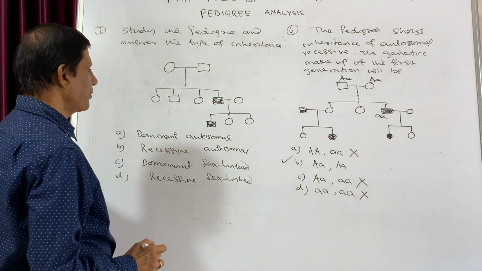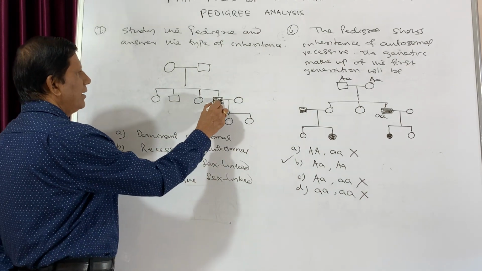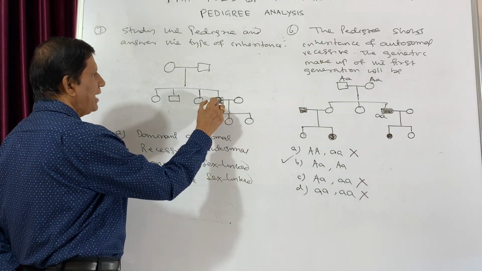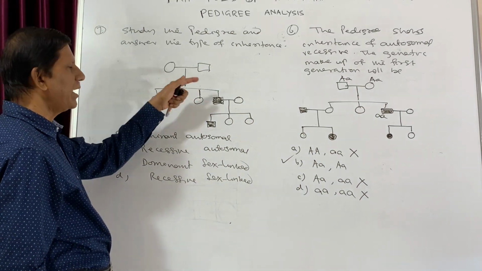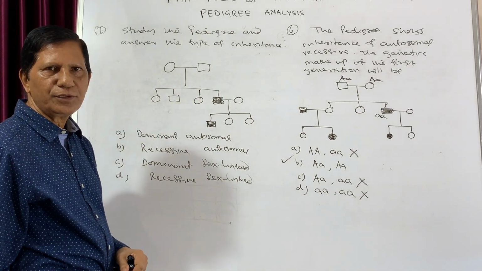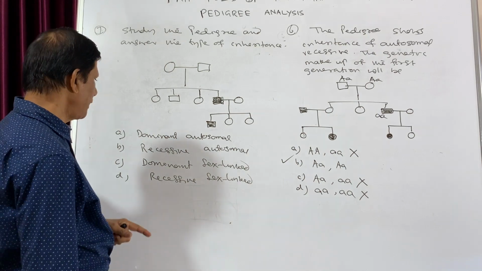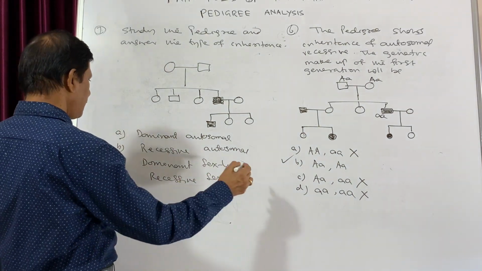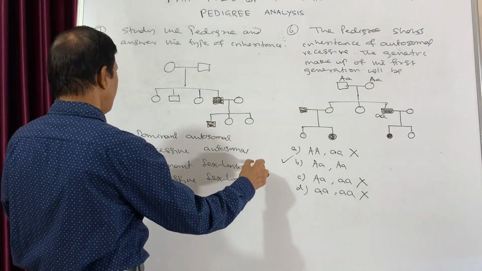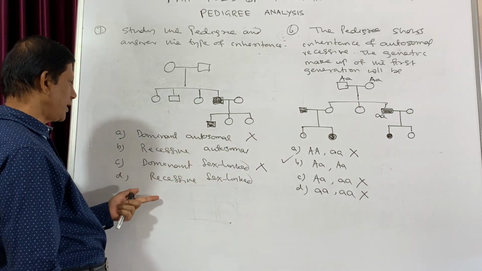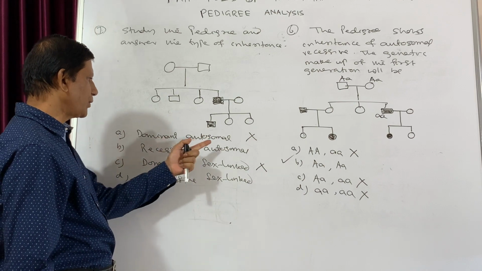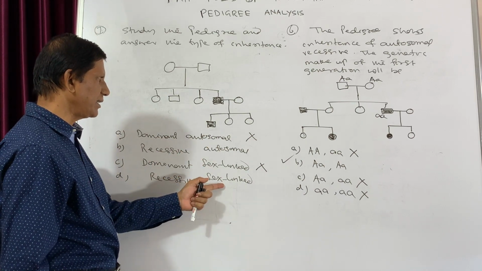Now you see, here the male child is affected, but none of the parents are affected. So it is recessive. That means this dominant is wrong and this dominant is wrong, because it is recessive. Now there are two choices, whether it is recessive autosomal or recessive sex linked.